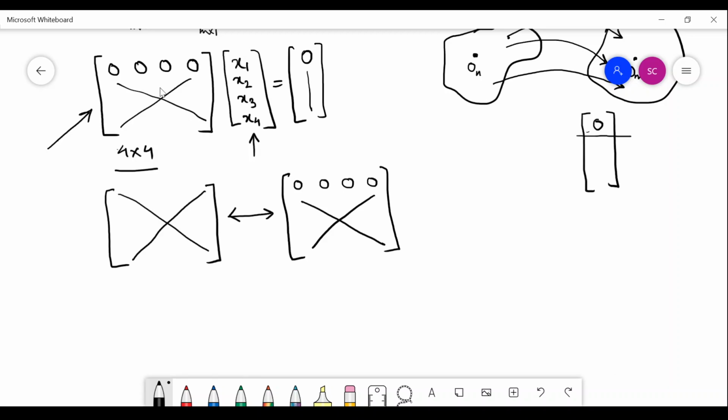So this situation also happens for this matrix. What would be the same in these two matrices? The rank would be the same, or the number of independent columns would be the same. The number of independent columns or the number of independent rows would be the same in these two matrices.